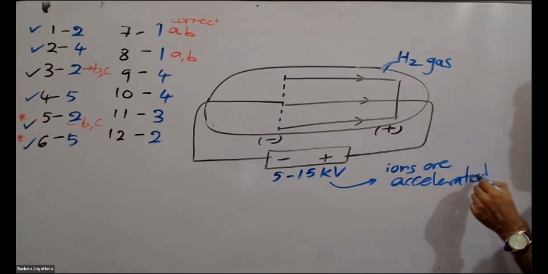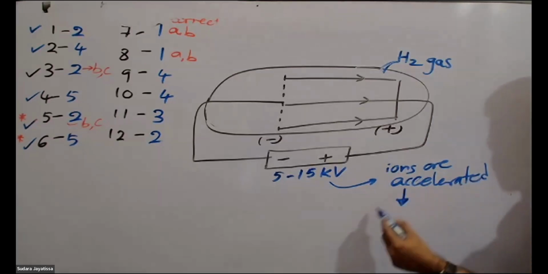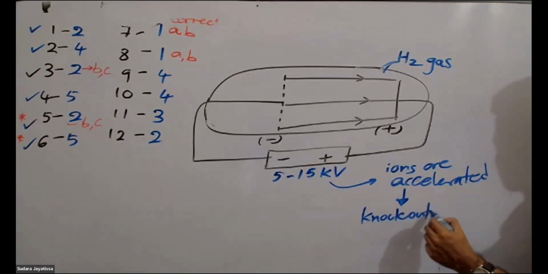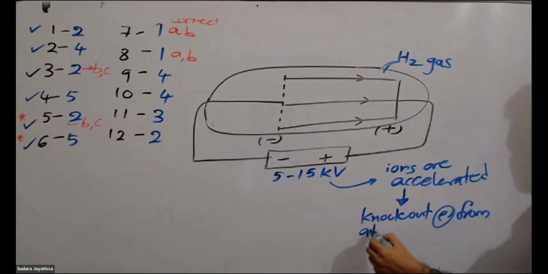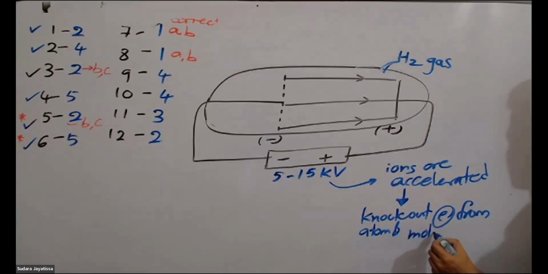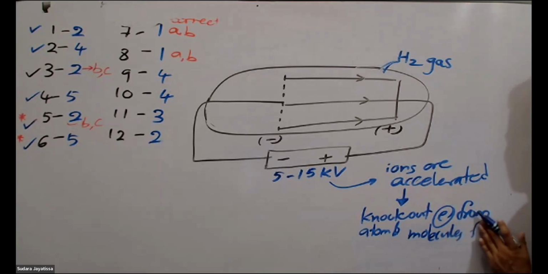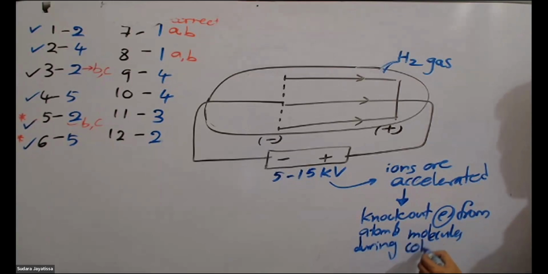These accelerated ions can knock out electrons from atoms and molecules during collisions. This is the explanation, right?